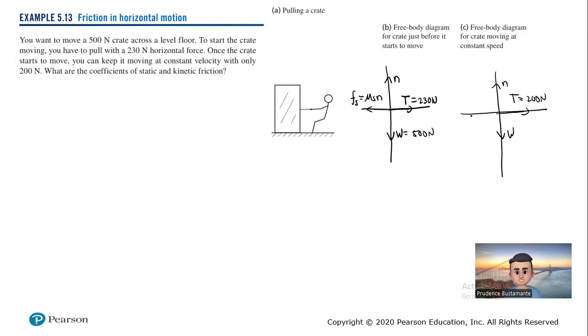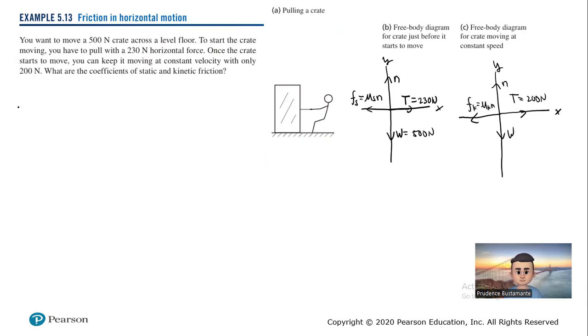Since it is already sliding, the force that acts on it is now the kinetic friction force, which is mu sub k times n. This is x and this is y. That's the free body diagram.